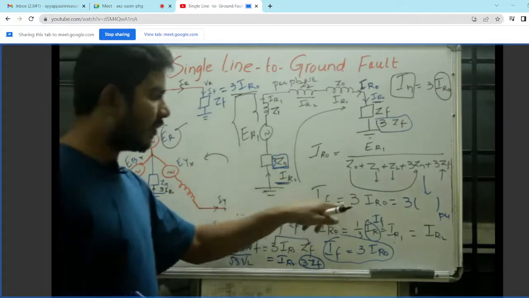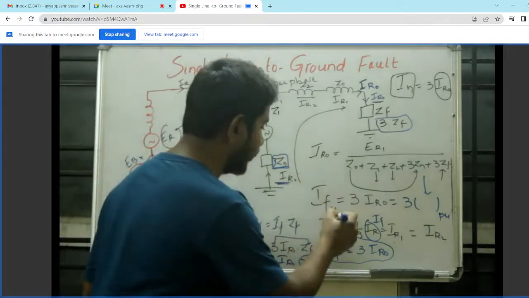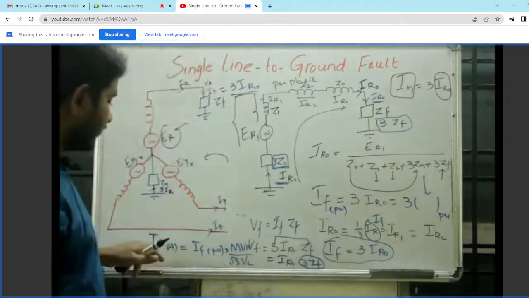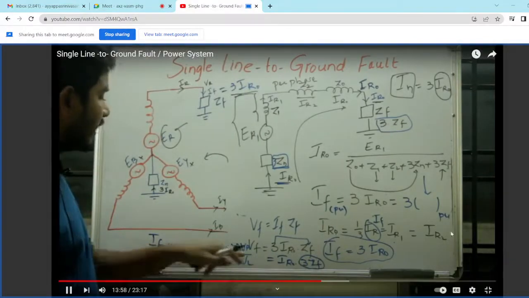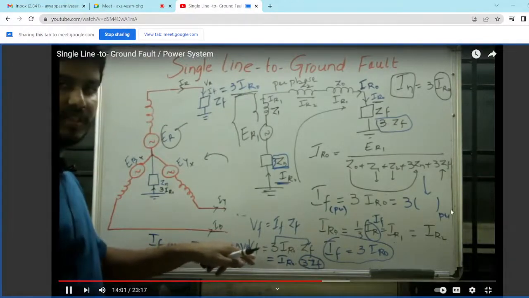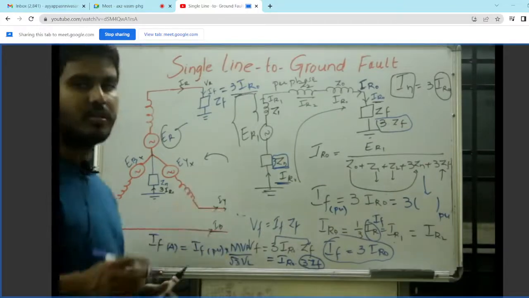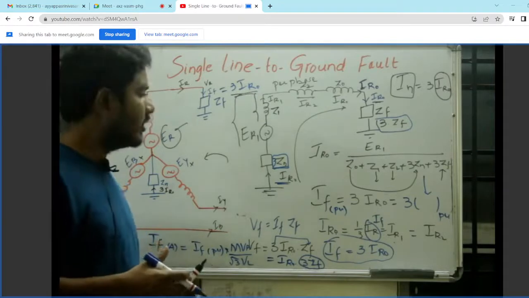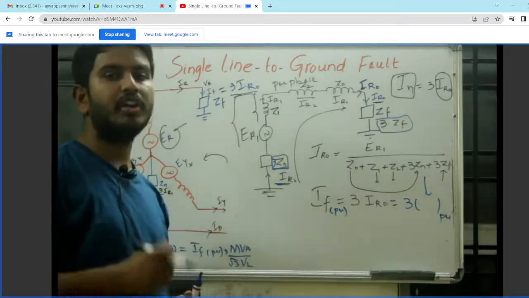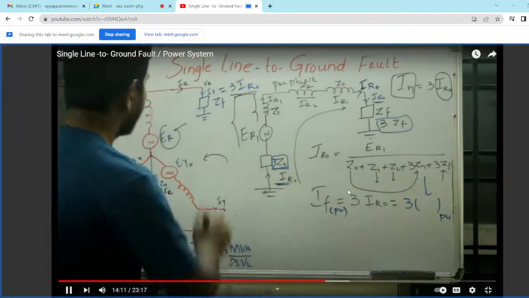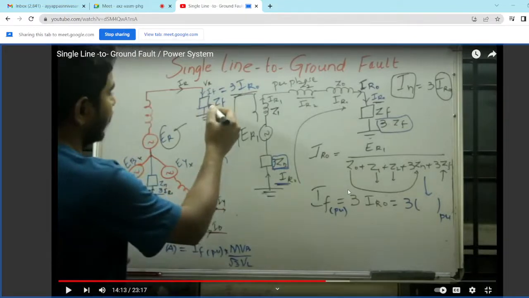So once you find the IF per unit value, you can find the IF actual value by knowing the MVA of the system and the line voltage. Now if we see the short circuit MVA, let me rub the board.